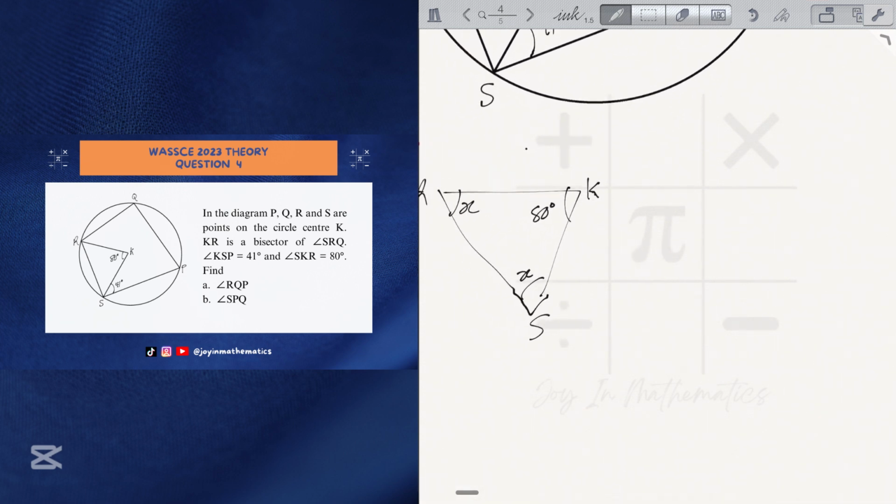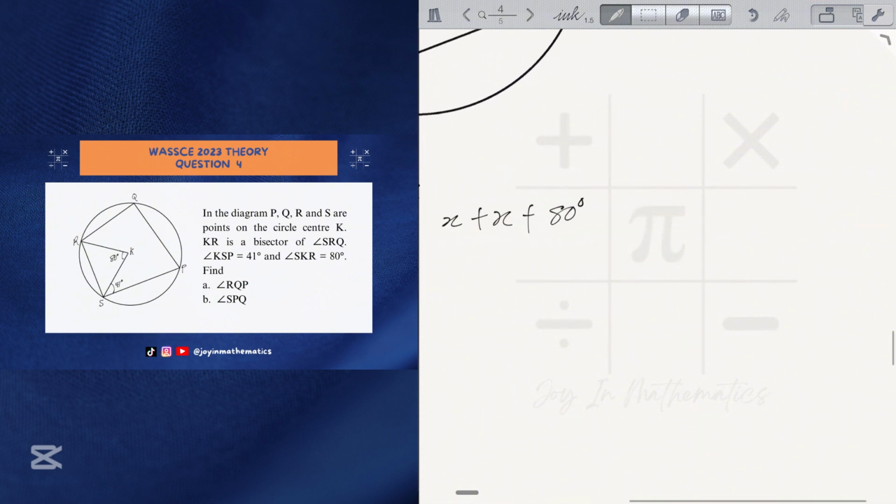The value of X is such that when we sum all the angles together, X plus X plus 80 degrees, it will be equal to 180, because the sum of angles in a triangle is equal to 180 degrees.